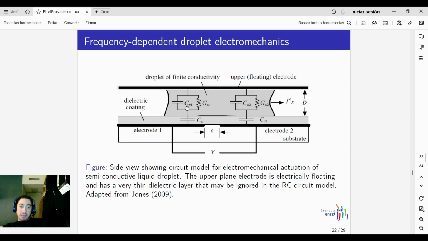In this case the electrical field that is generated is no longer uniform. So the liquid drop is no longer going to behave like a perfectly conductive liquid, but it's going to be semiconductive, since due to this variable electric field, the drop is going to have a certain impedance, or resistance, to the current that is generated.